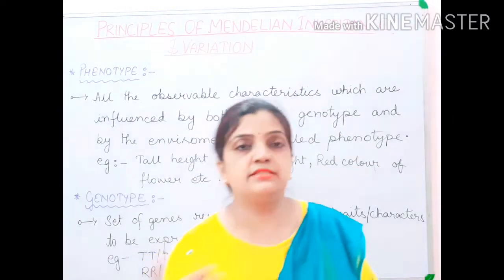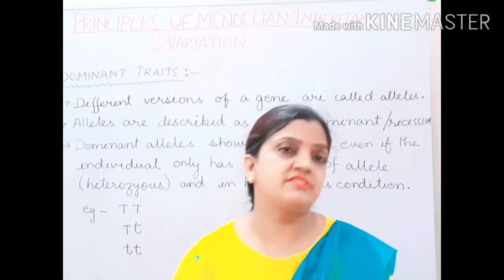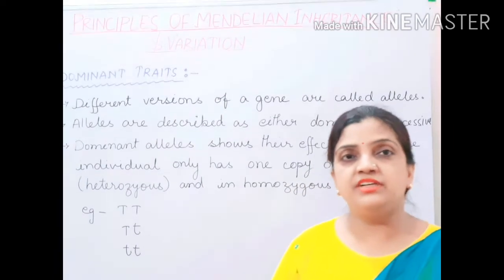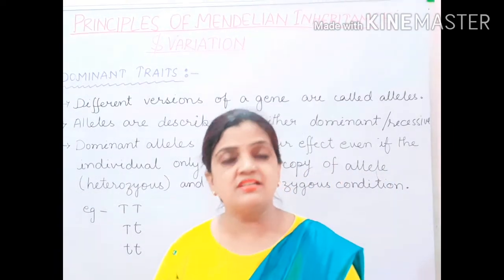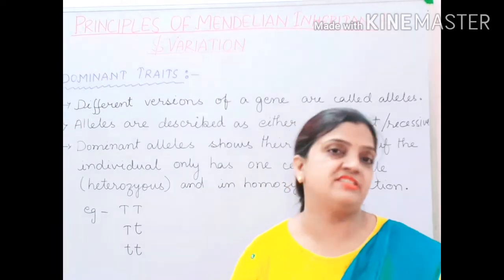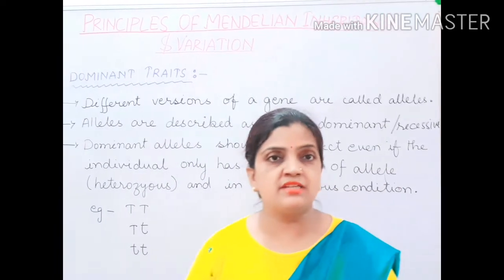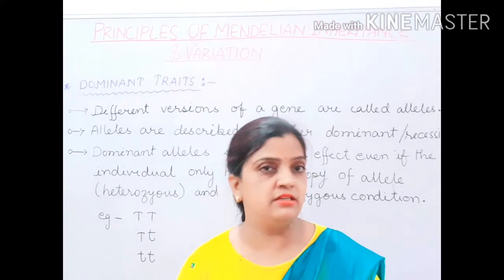Now children, let us move ahead. This is a very interesting fact which we are going to know now. We are going to deal with two important definitions: dominant traits and recessive traits. We have discussed a lot about genes and alleles, and I hope that concept is clear to you all.